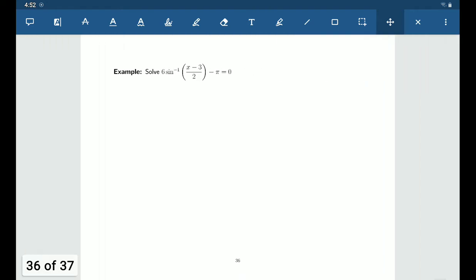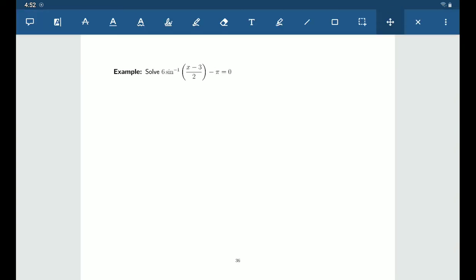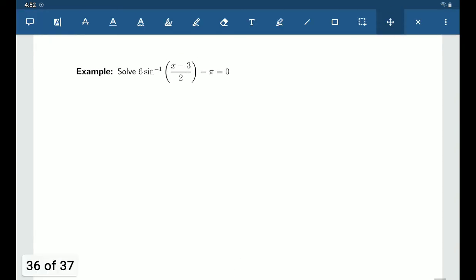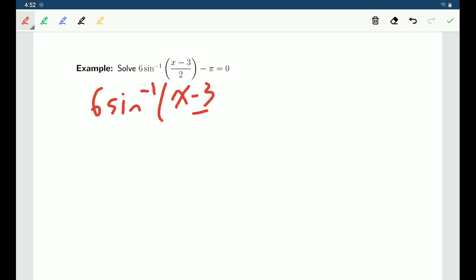All right, one last. We have a little bit more complicated looking equation, but again, no big deal. We'll use a substitution to help make our lives a little bit easier. First, I'll rewrite things with the pi moved to the other side. And then dividing by 6.